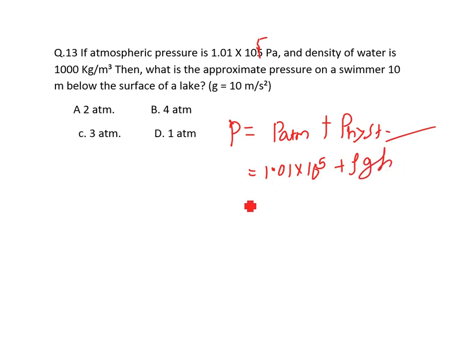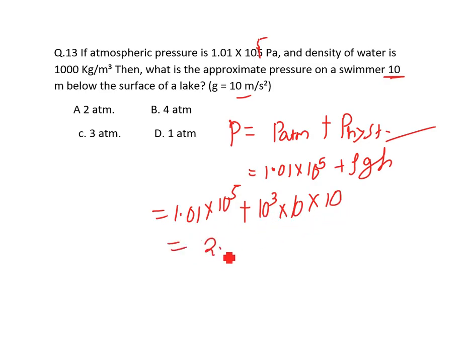So I calculate, it's 1.01 into 10 to the power 5 plus rho, which is given as 1000, so I'm directly writing 10 to the power 3. g I just take as 10, and h is already given, 10 meter below, so 10. So it will become 2.01 into 10 to the power 5 Pascal.